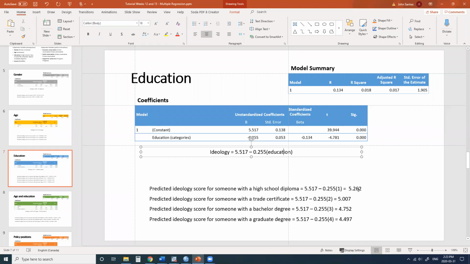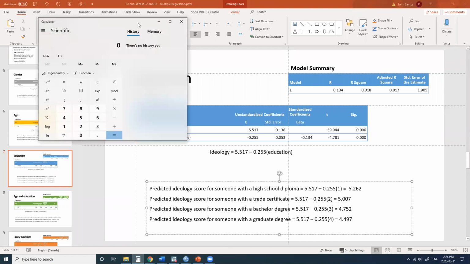So the predicted value of ideology is simply 5.517 minus 0.255, which is equal to 5.262. As we sub in higher levels of education, because of that negative relationship, the predicted ideology score decreases.